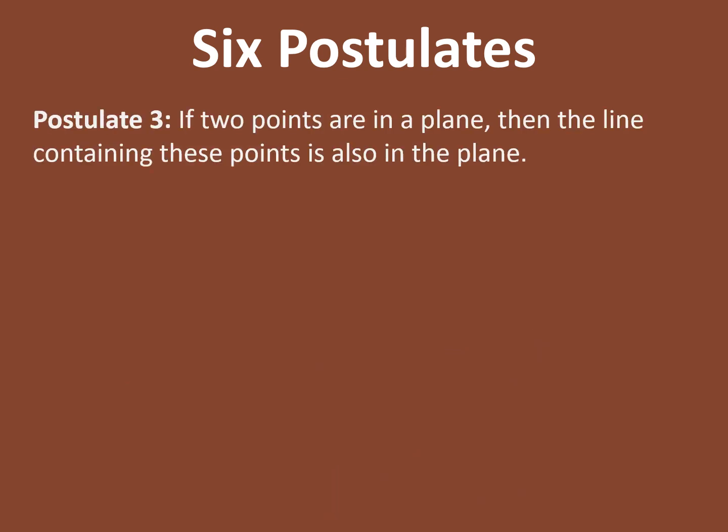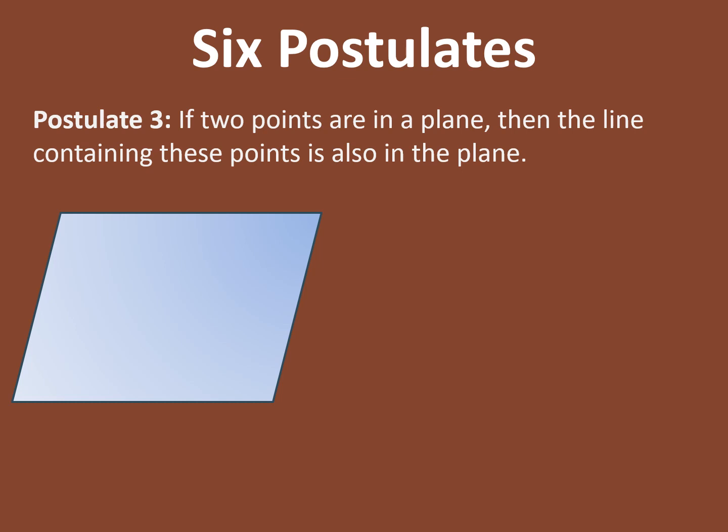Our next postulate says, if 2 points are in a plane, then the line containing these points is also in the plane. Right, so if you have a plane, 2 points, and then we draw the line connecting those 2 points, then that line must also be in the plane.